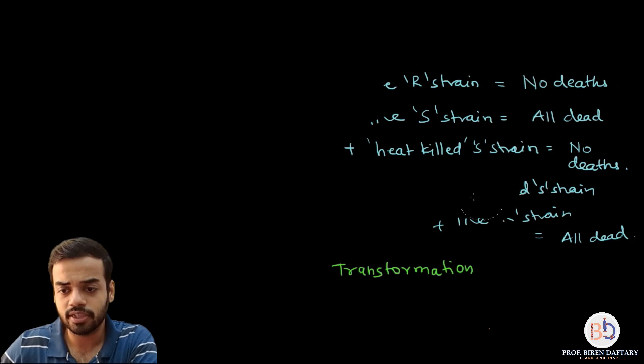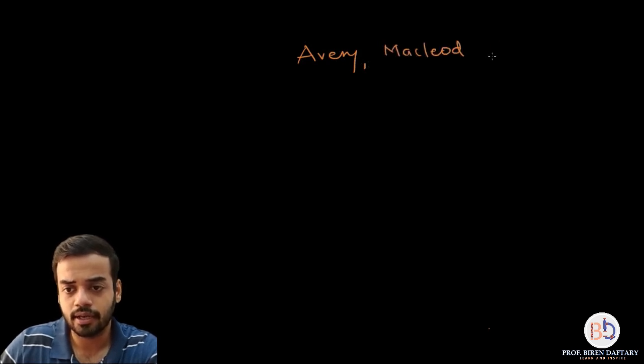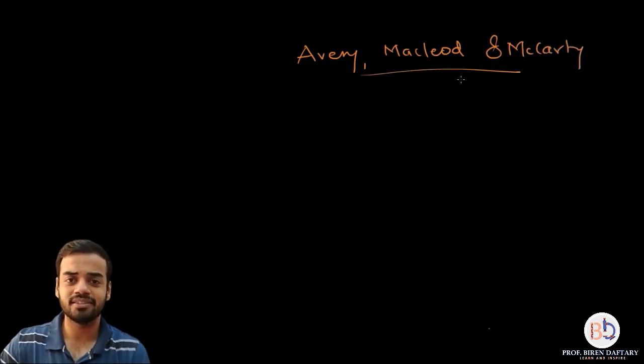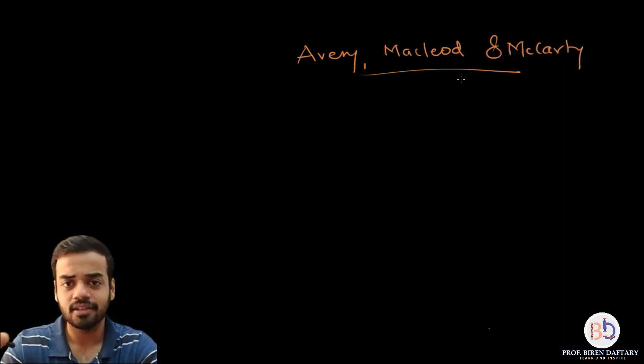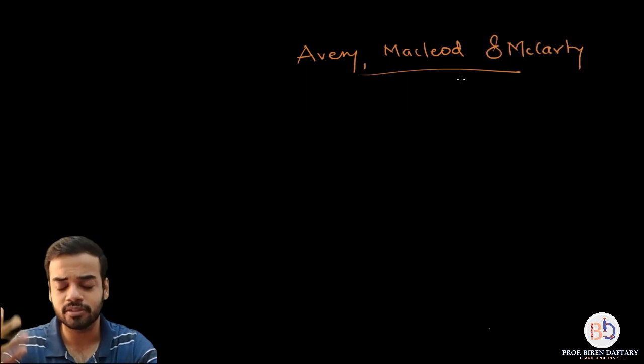The second experiment was an extension of Griffith's experiment, and it was carried out by three people: Avery, MacLeod and McCarty. What they did was a confirmation test that DNA is the hereditary material, or the transforming principle.